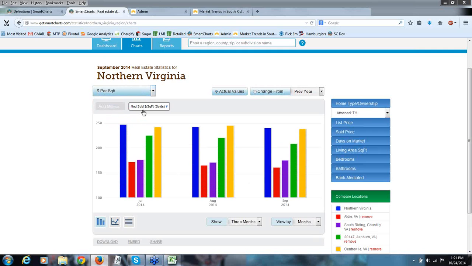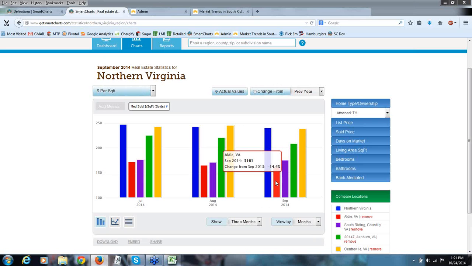If we switch this over to median sold price per square foot, it kind of flips. Even though Centerville was the most affordable in terms of median sale price, how much townhouses cost, it's actually the most expensive in terms of how much townhouse you get for your dollar. So how can that be? Well, I happen to know the area. The newer townhouses in Aldie, Virginia are huge.